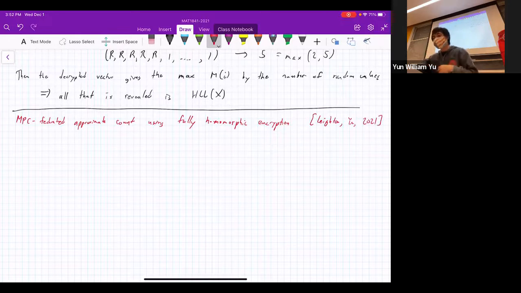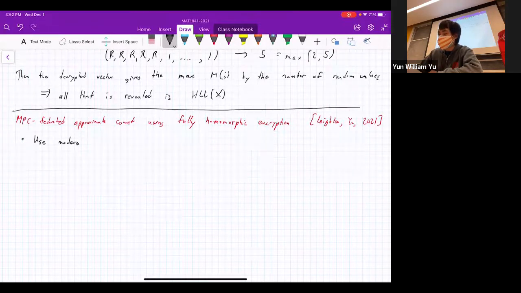I mean, it's not accepted yet, so who knows what will happen. And instead of using ElGamal, which is sort of an older crypto system, we use a modern fully homomorphic crypto system based on ring learning with errors, a crypto system that allows both addition and multiplication.